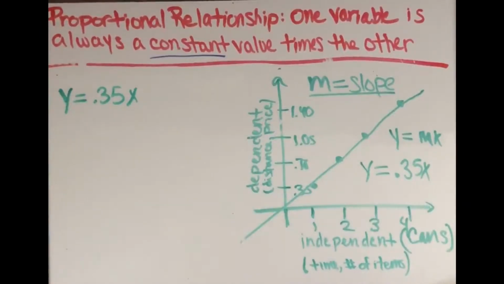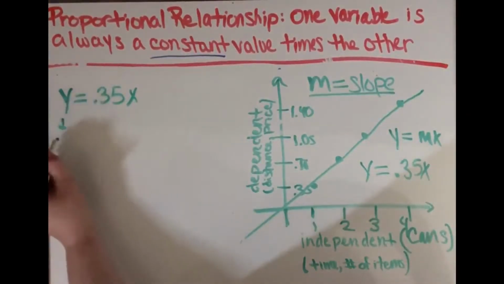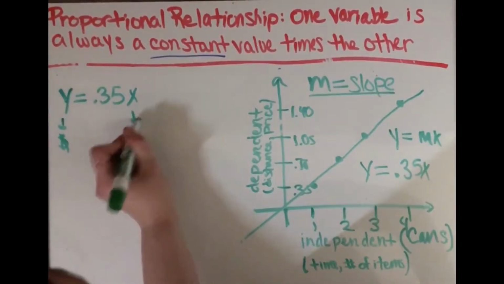By having this equation, y equals 0.35x, we can solve for any amount of cans we want to buy. We can find the total price, right? Because y equals price and x equals number of cans.